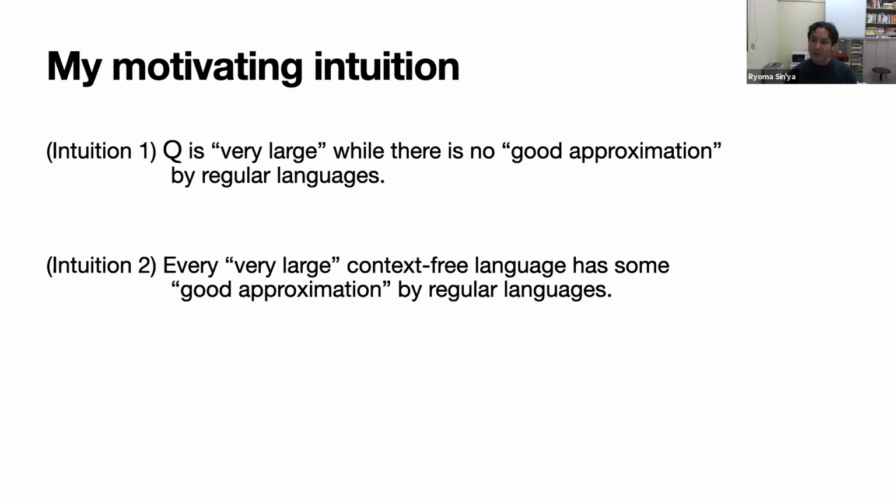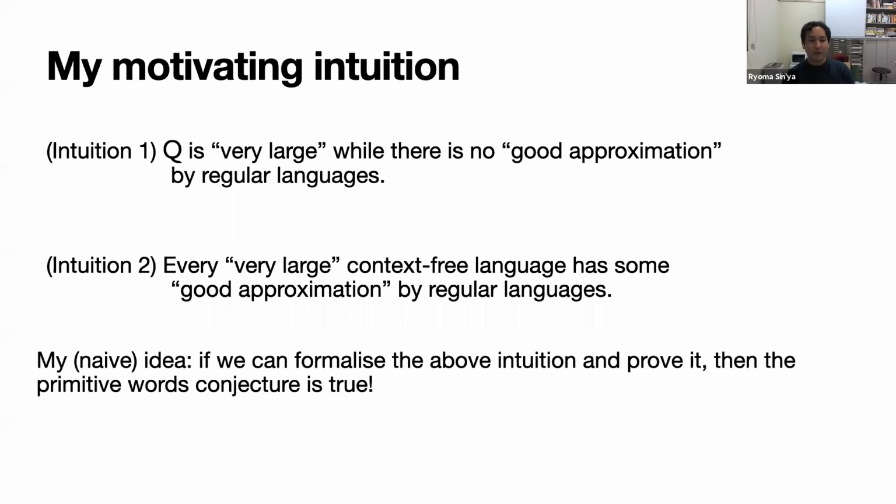And the second intuition is that in the case of context-free languages, there is no such language. I mean, every very large context-free language has some good approximation by regular languages. Okay. So this is my naive idea. It turned out to be false.